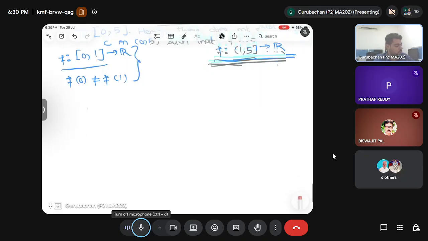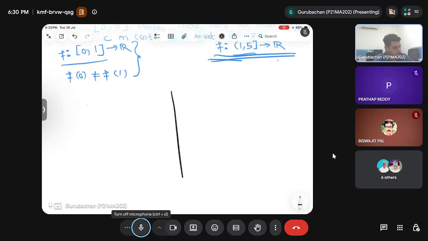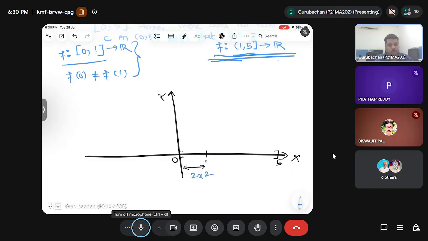So let us draw this graph. See, what was our interval? Our interval starts from 0 and goes till 5, and at 1 it is breaking. In 0 to 1 our function is 2x square. So it will start from 0 and at 1 it will go to the value 2.